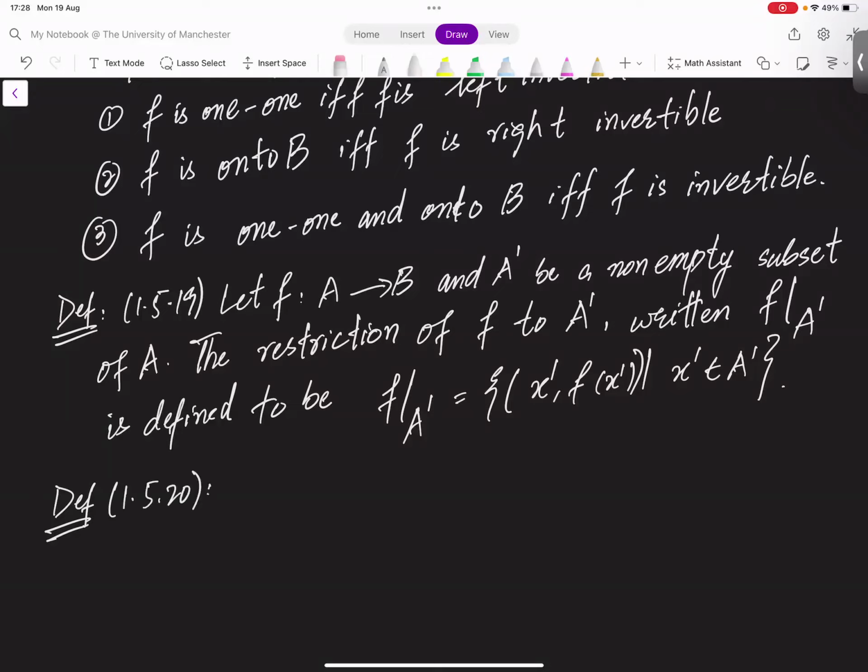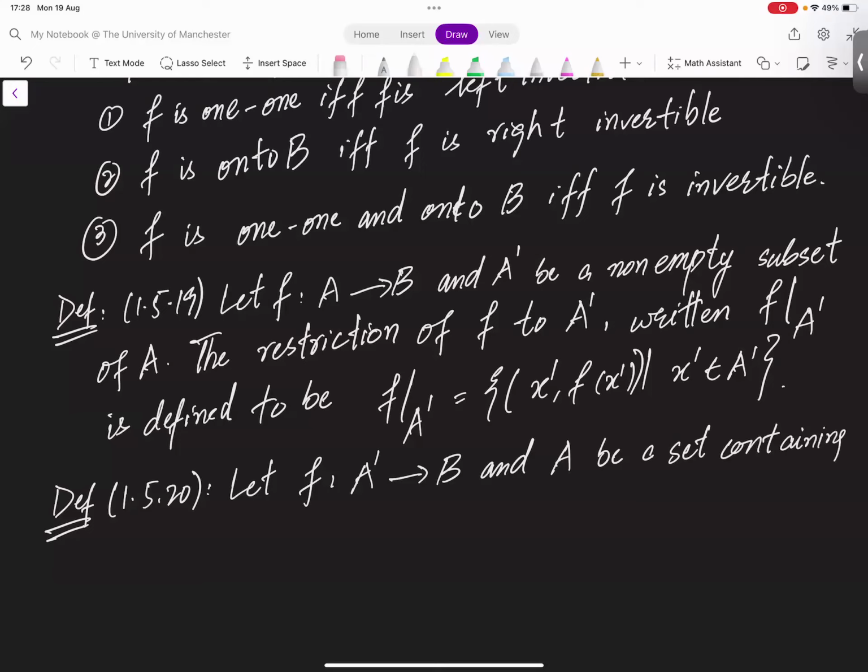Then another definition, 1.5.20, says that let f be a function from A prime to B and A be a set containing A prime.